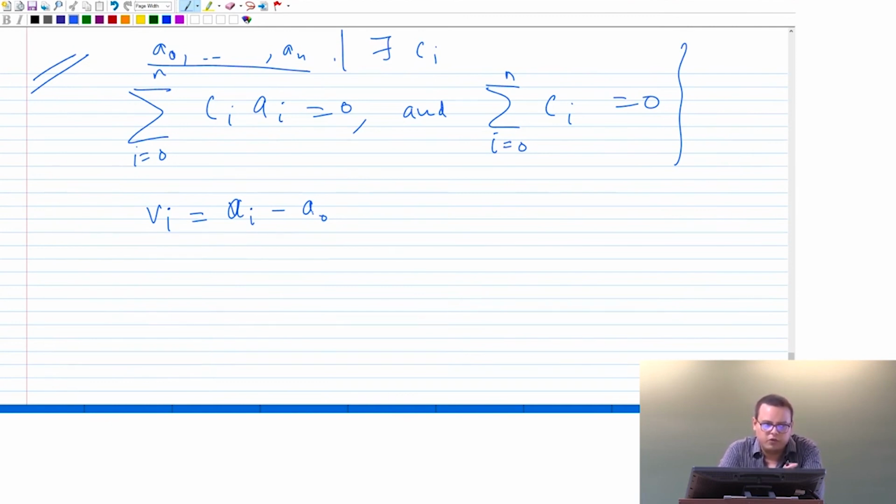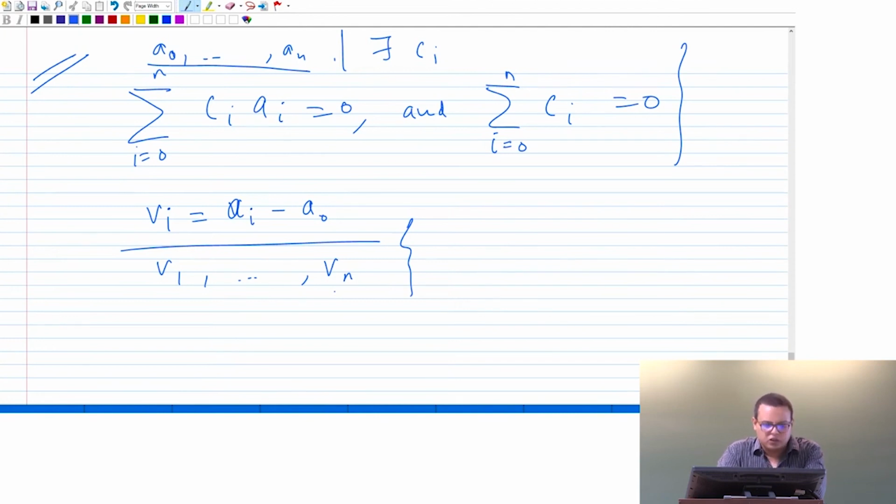Is it clear what I am doing? So, I will get n vectors. My claim is if these vectors are dependent, then the corresponding set of points A0 to An will be affinely dependent. If the set of vectors V1 to Vn are independent vectors, the points will be independent also.